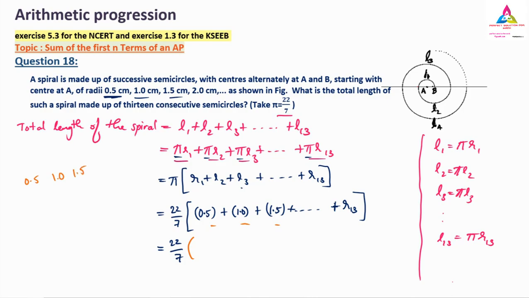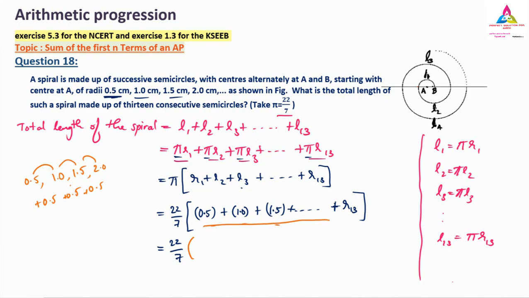Next it will come 2, if you want to write, you can write 2. All these are in AP because the difference between them is 0.5 each. The difference between 1.0 and 0.5 is 0.5, between 1.5 and 1.0 is plus 0.5, and lastly between 2.0 and 1.5 is plus 0.5. We have a 0.5 difference everywhere.